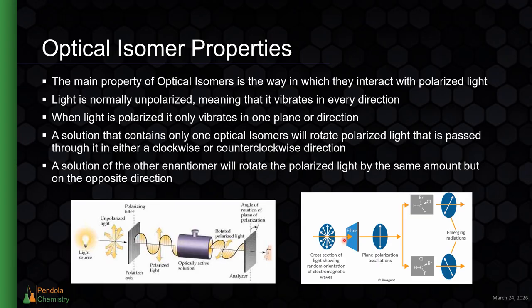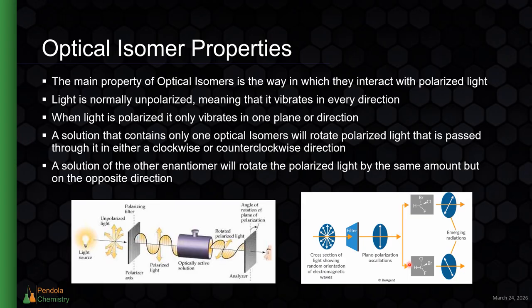If we do that for a solution of 2 opposing optical isomers, 2 enantiomers, the light gets rotated by the same amount, but in opposite directions. So if I put my polarized light through one enantiomer, it might be rotated by, let's say, 30 degrees to the left.